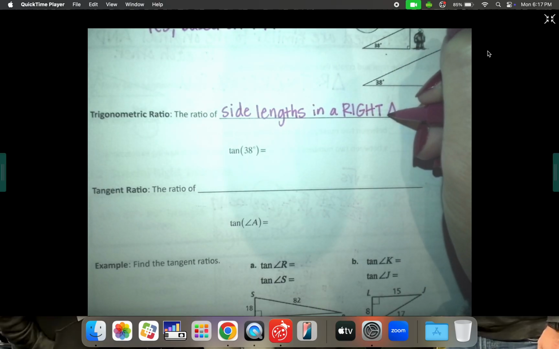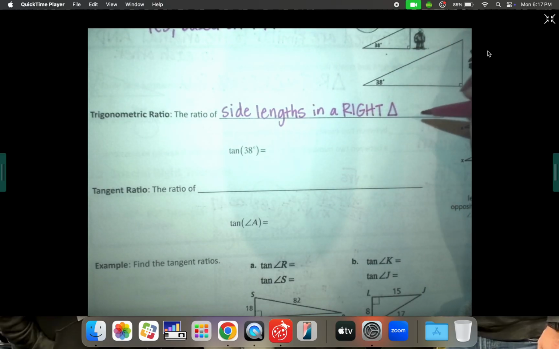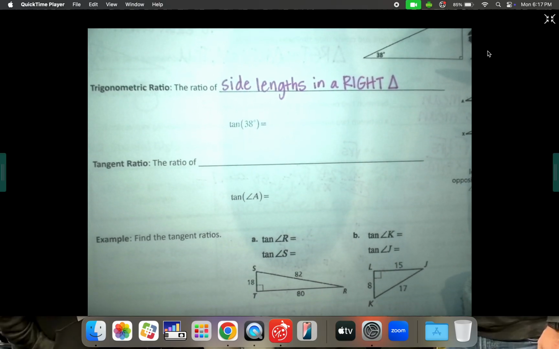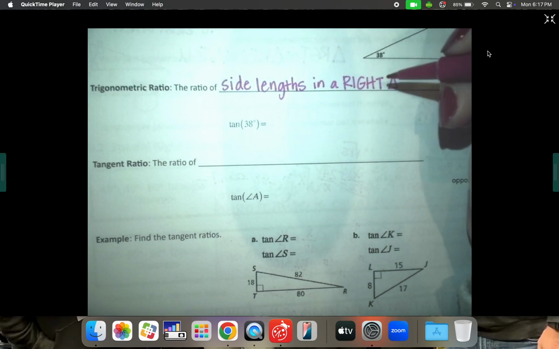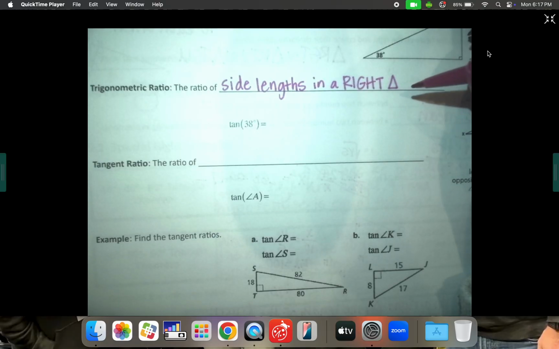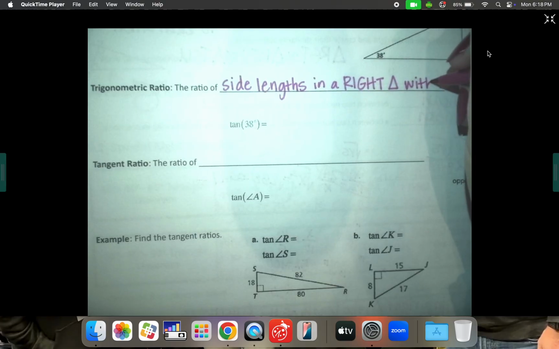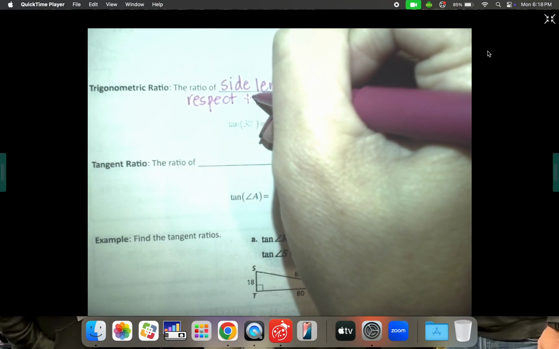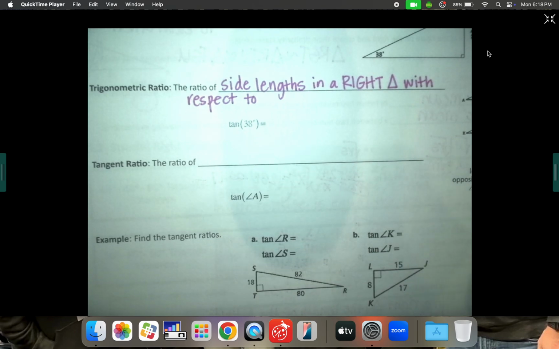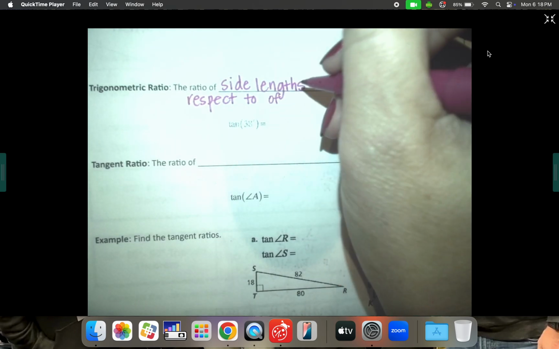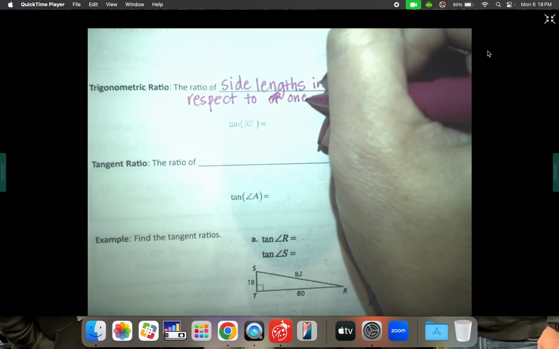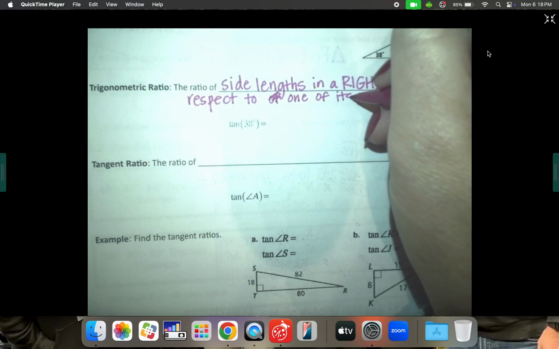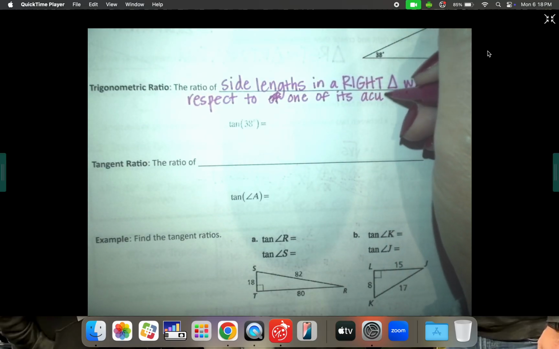So we're going to get into some trig where it's not a right triangle, but for the first lots of practice lessons, they're all going to be in right triangles. So it has to be in a right triangle with respect to one of its acute angles.